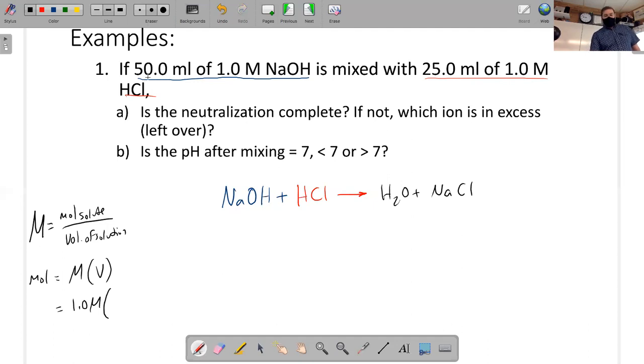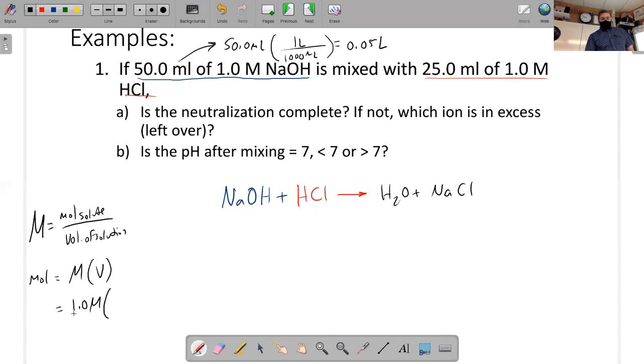Now, this is in milliliters, 50 milliliters. So you should convert from milliliters into liters, because molarity is the same as moles of solute per liter of solution. 50 milliliters every 1,000 milliliters is the same as a liter. So that's 0.05 liters.